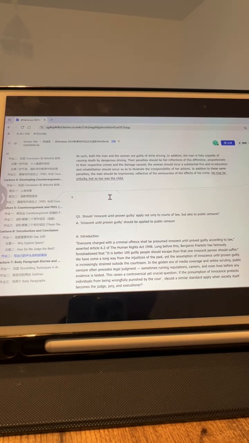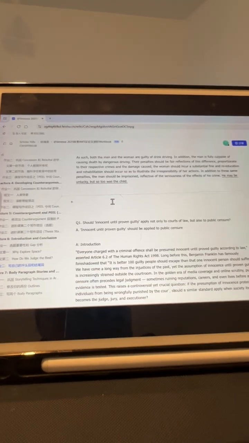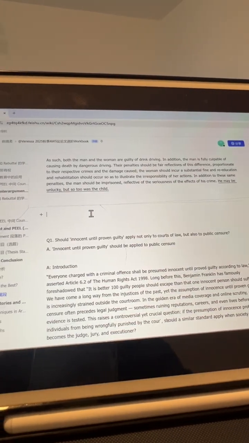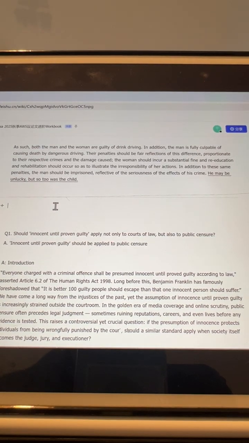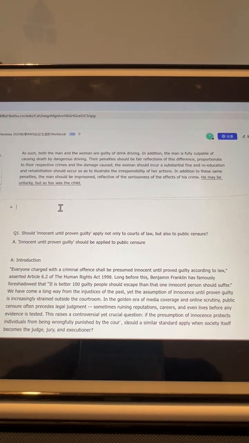You will have the context, the gap, and sometimes a very little conclusion, because you need to summarize the supporting points, highlight the significance, and optionally include a strong closing sentence.